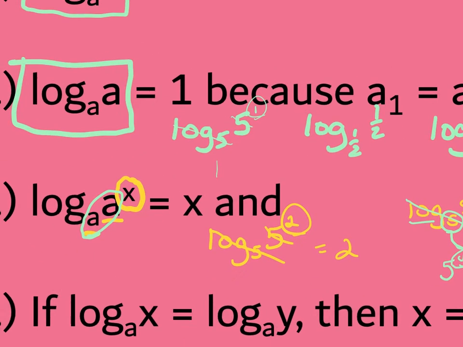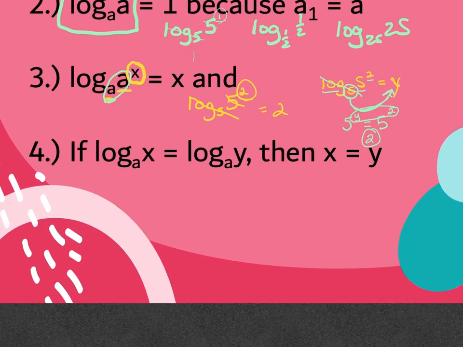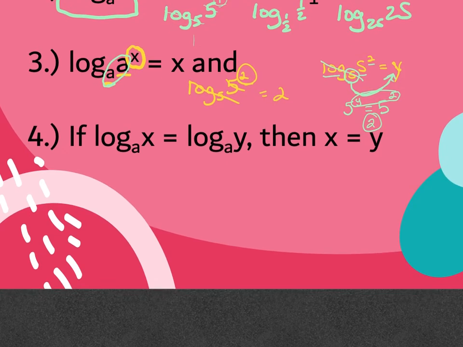Okay. All right, and then the last one is the one-to-one property applied to logs. If I have log of the same base on either side of the equal sign, I can literally disregard the logs and just set what's next to it equal to each other, just like I do with exponentials.